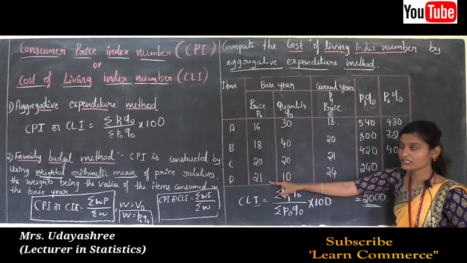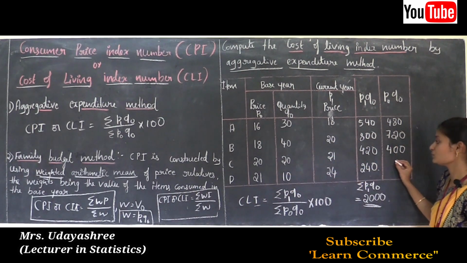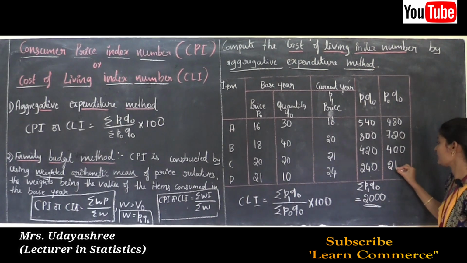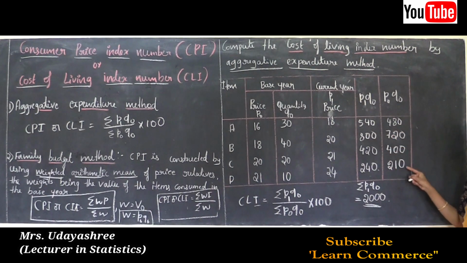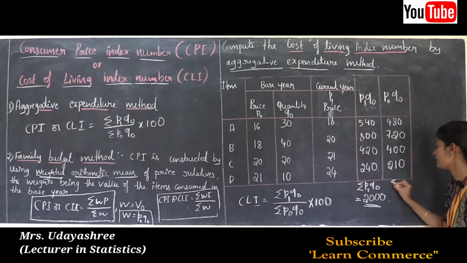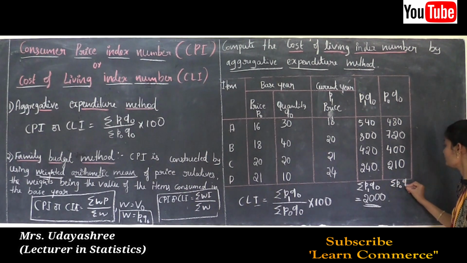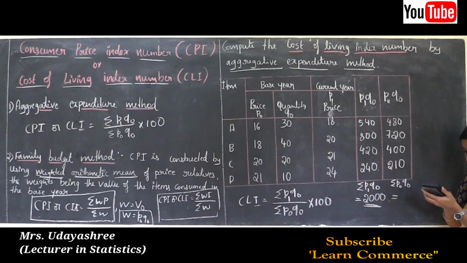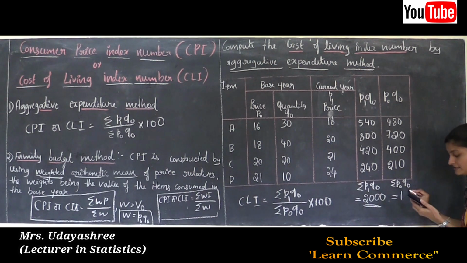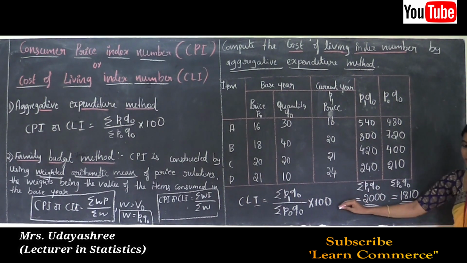Next P naught is 21, Q naught is 10, so 21 into 10 is 210. Next we have to calculate the sum of these observations. The notation summation P naught Q naught is equal to 480 plus 720 plus 400 plus 210. The calculated answer is 1810.